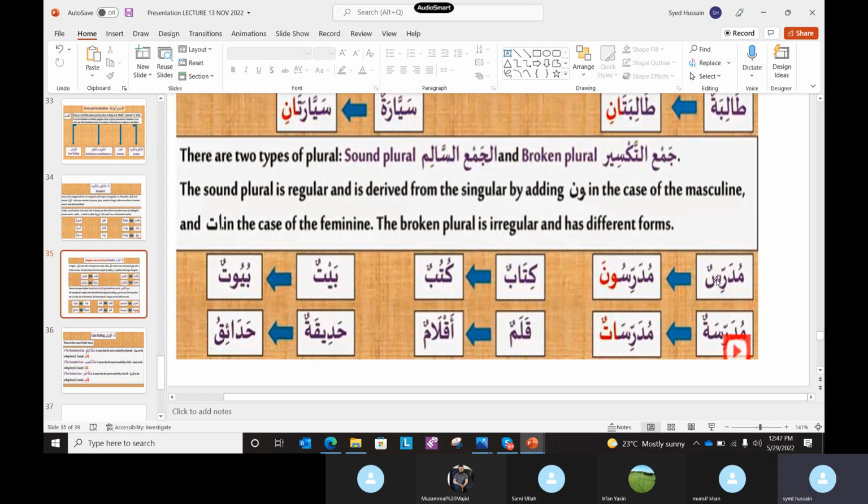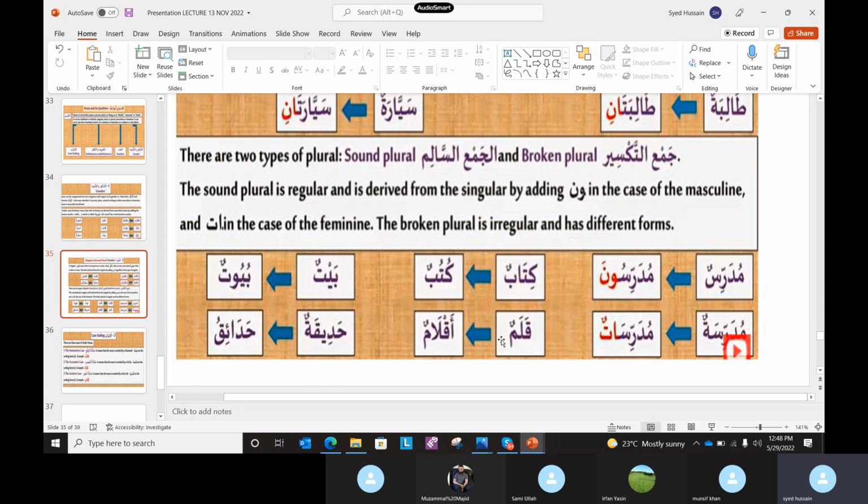Baitun, buyutun. Mudarrisun, mudarrisun. This is one way of saying that you added waw noon, and here what you did, kutubun, kitabun, kutubun. But the basic letters are here, but if you look at this, you find that things are completely different.